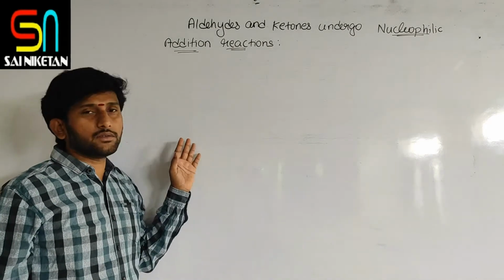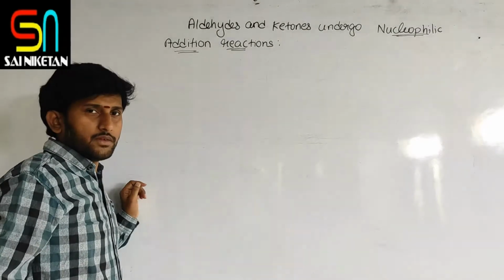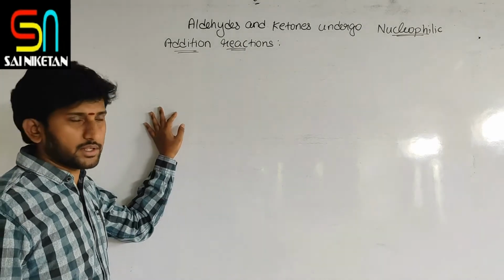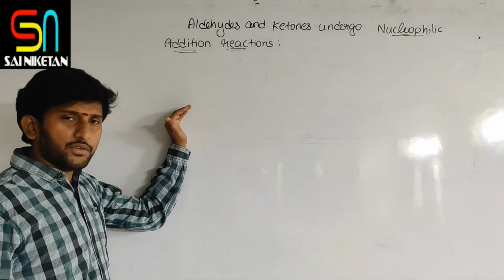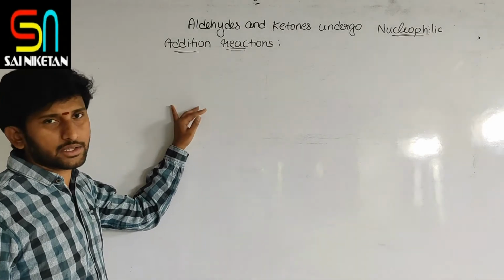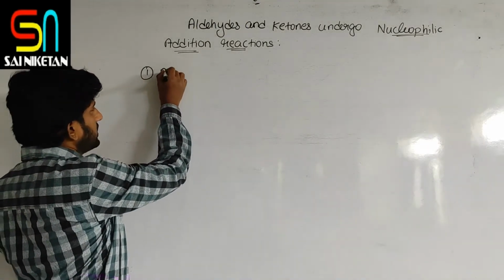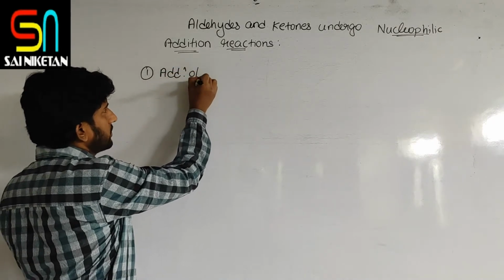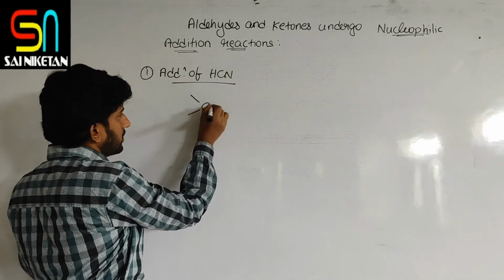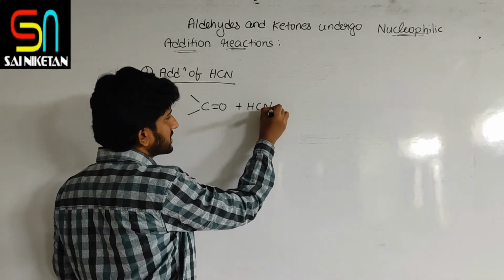After that, we saw some examples of nucleophilic addition reactions. The first reaction is addition of HCN. If HCN, hydrogen cyanide, is added to any carbonyl compound, either aldehyde or ketone, what product is obtained?